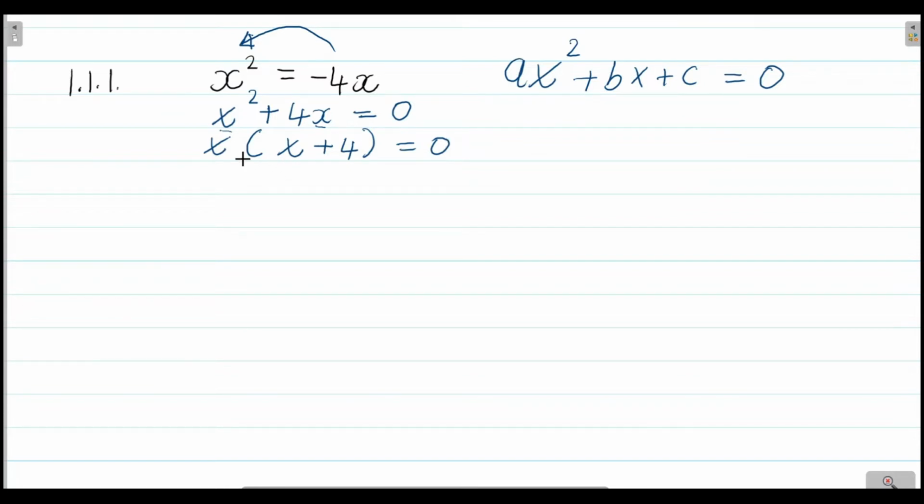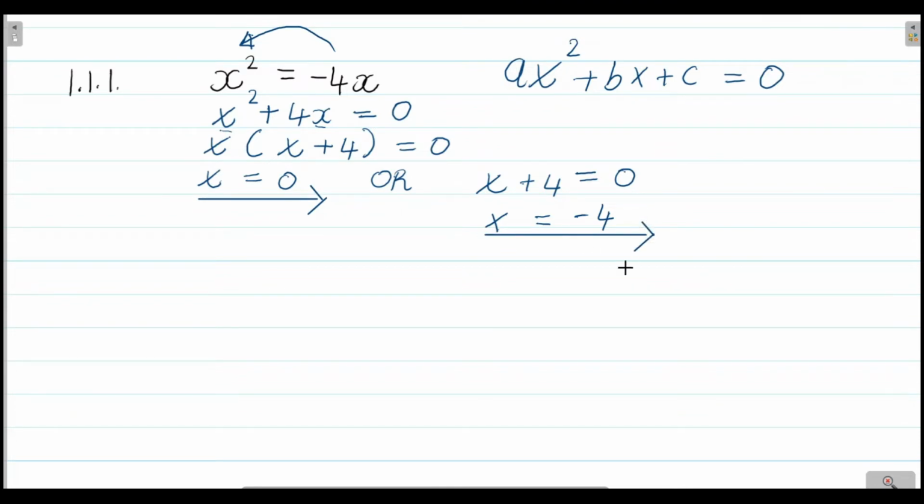We can say that x is equal to 0, or you take that algebraic expression, x plus 4 equals 0, and solve for x, so x is equal to negative 4. So for question 1.1, our answer is x is equal to 0 and x is equal to negative 4.